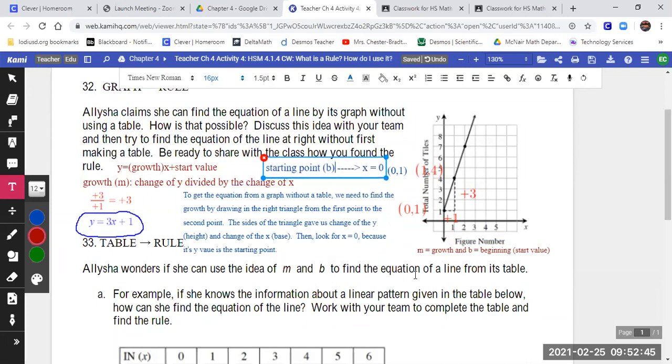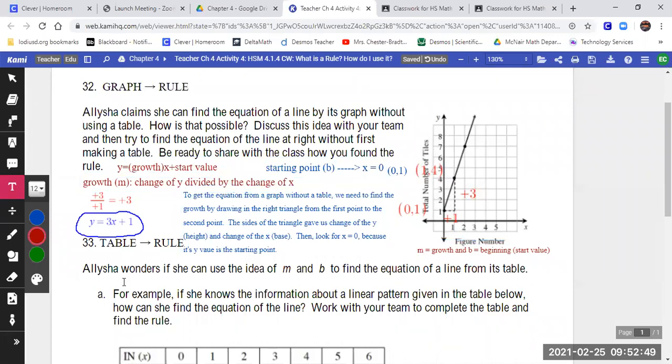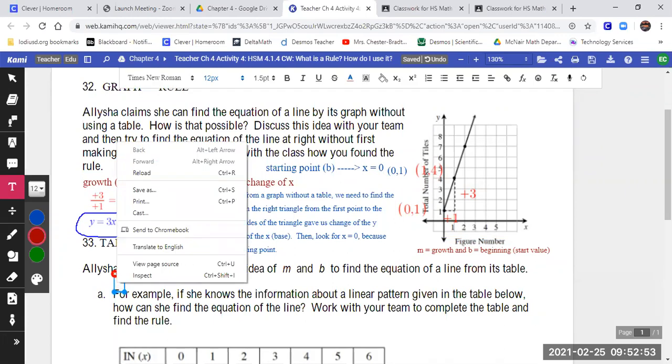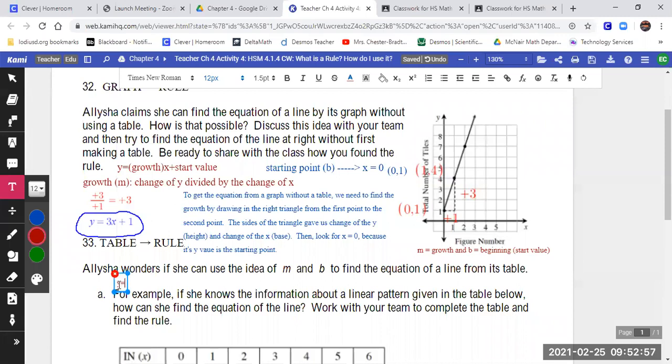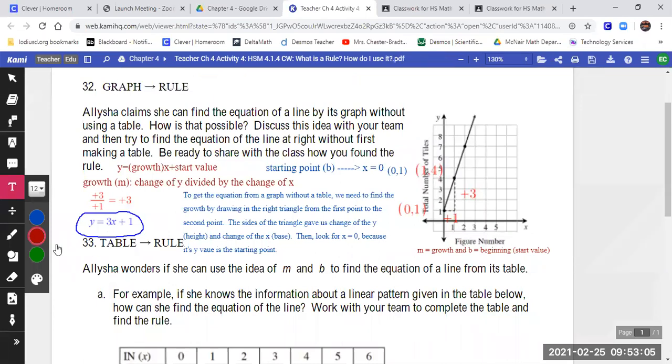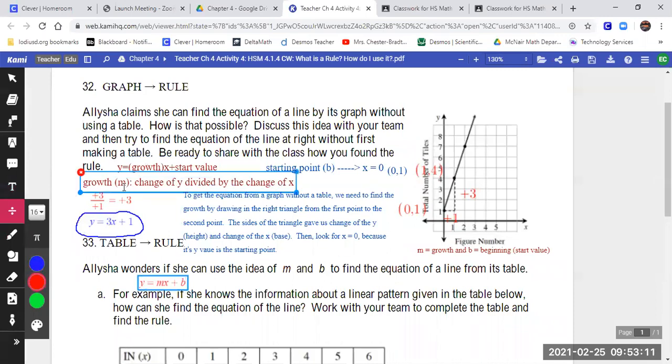Okay, so our general format goes y equals mx plus b. And I want this to be in an equation, not in a text box. Because m is my growth and b is my start value.